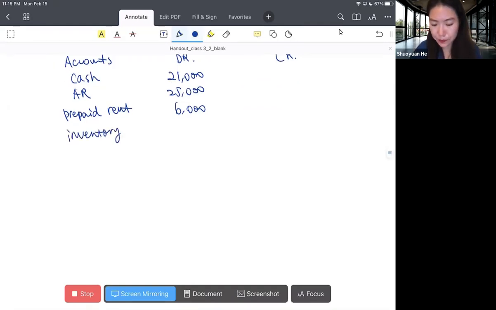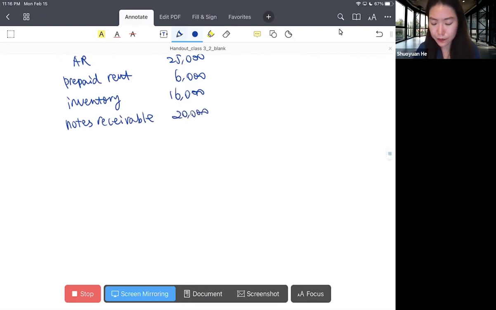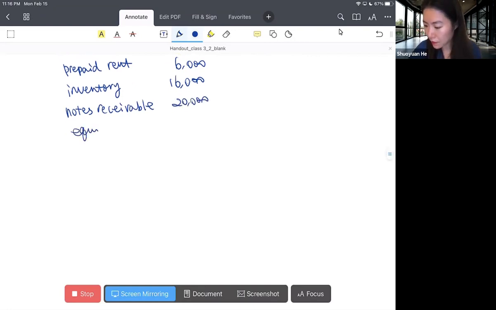Inventory 16,000. Notes receivable 20,000. Equipment 20,000.